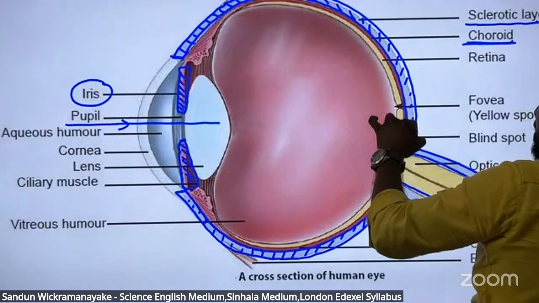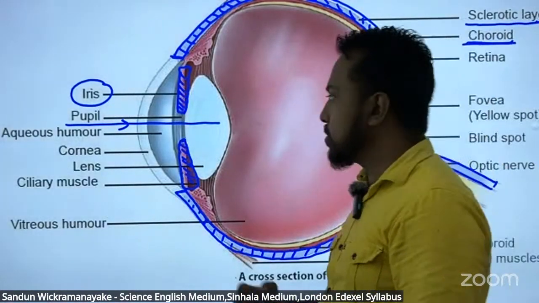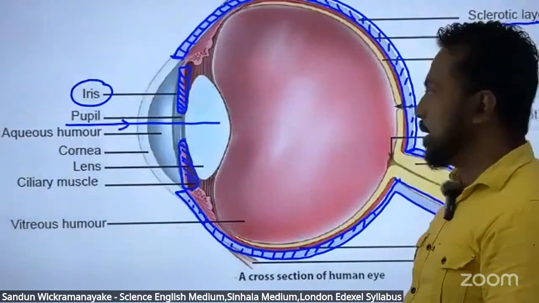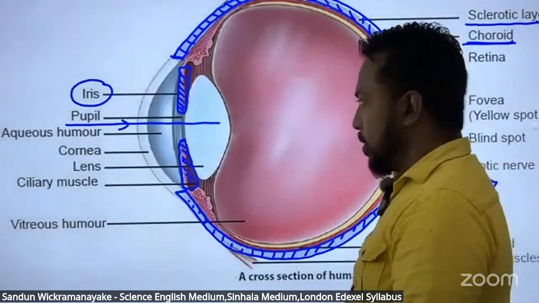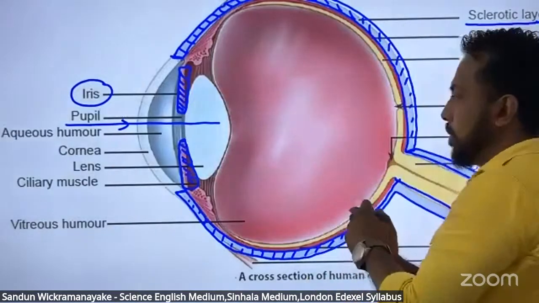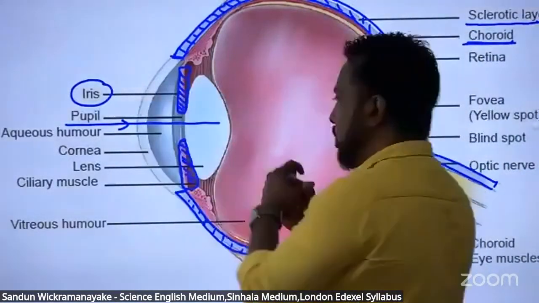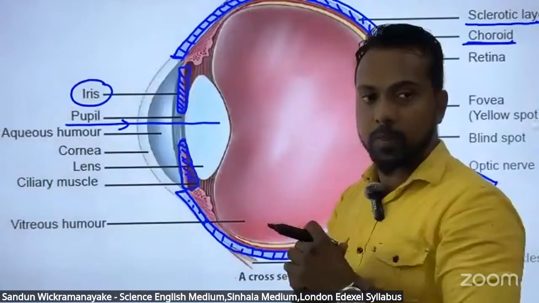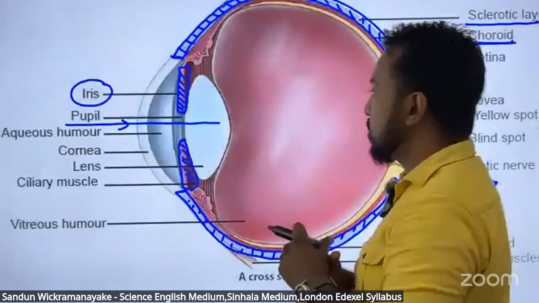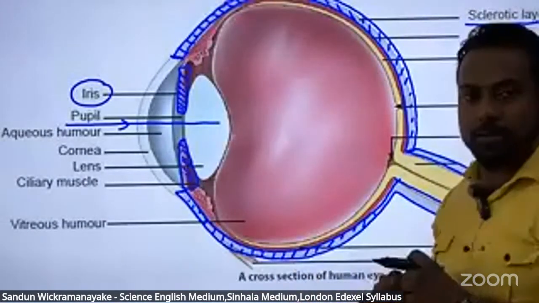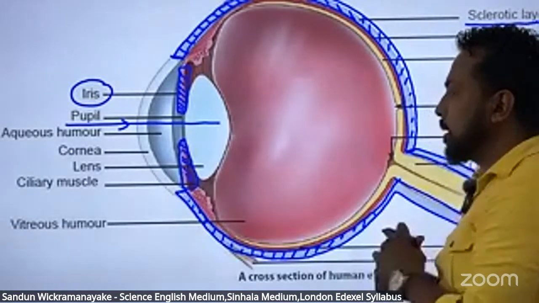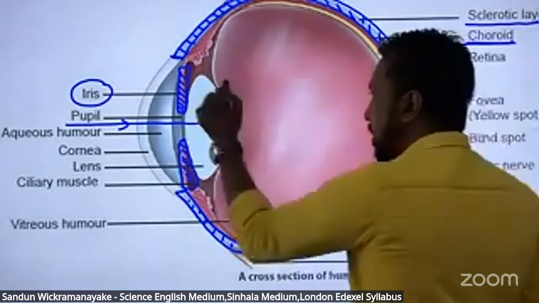So the human eye needs some light rays to enter. It should happen. How is it possible with this white color layer? Yes, I'm going to teach that. Look at this.